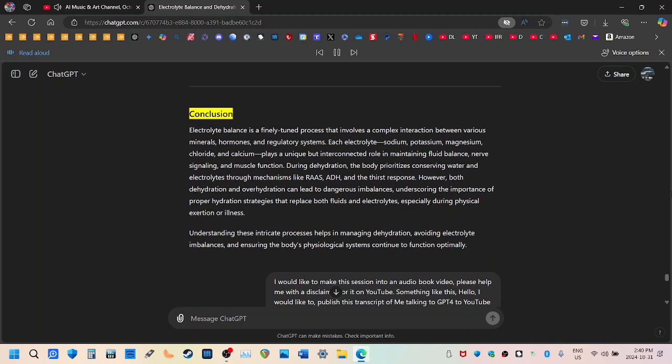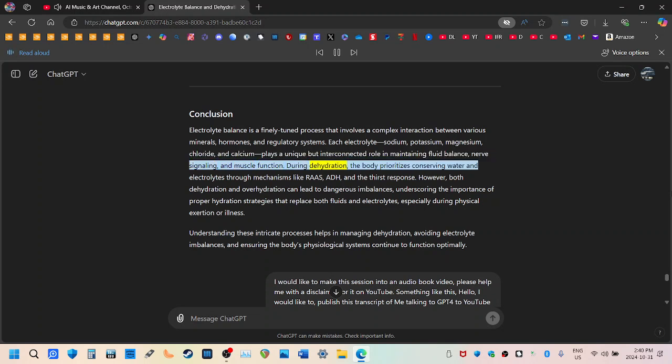Conclusion. Electrolyte balance is a finely tuned process that involves a complex interaction between various minerals, hormones, and regulatory systems. Each electrolyte, sodium, potassium, magnesium, chloride, and calcium, plays a unique but interconnected role in maintaining fluid balance, nerve signaling, and muscle function.